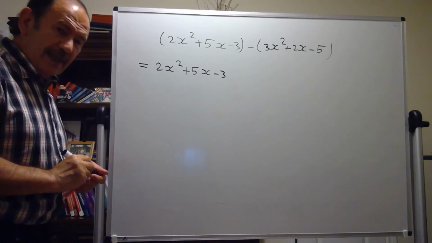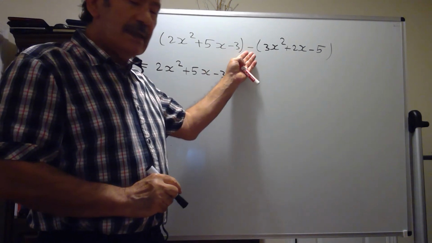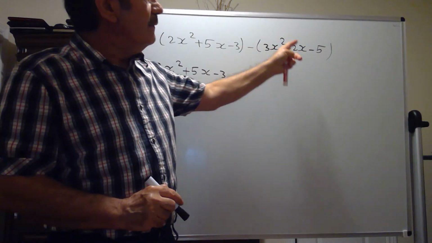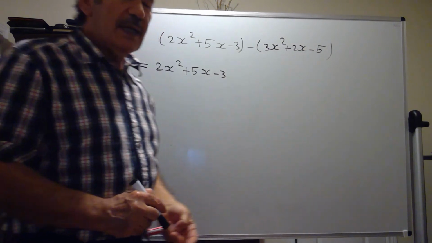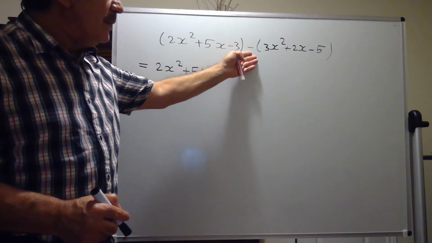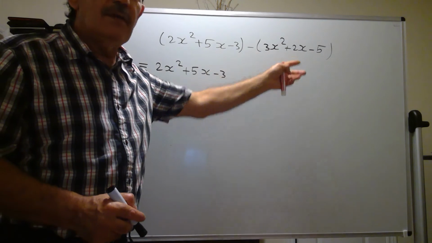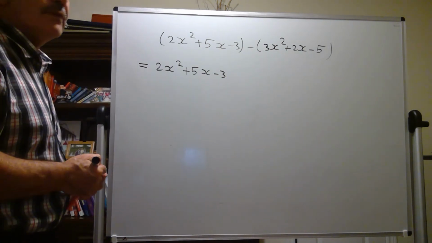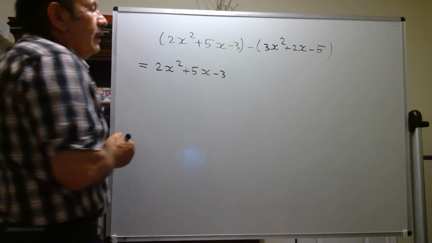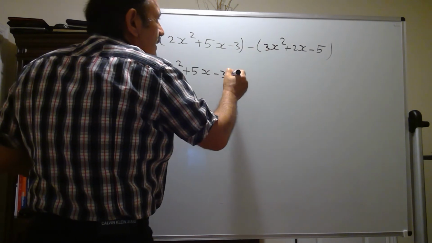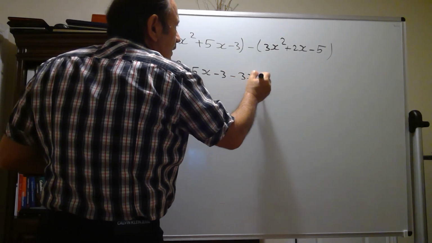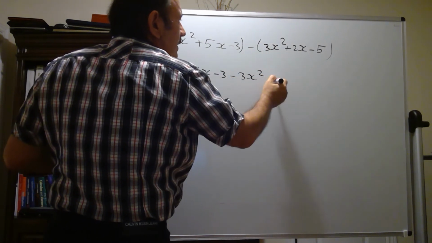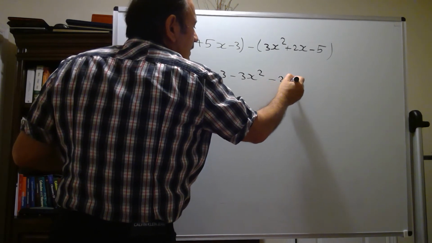For the second bracket, we should multiply this negative sign by all of the terms inside the bracket, or remove the bracket and make the sign of all of the terms opposite. Both end up the same. Negative times positive is negative 3x squared. Negative times positive is negative 2x.